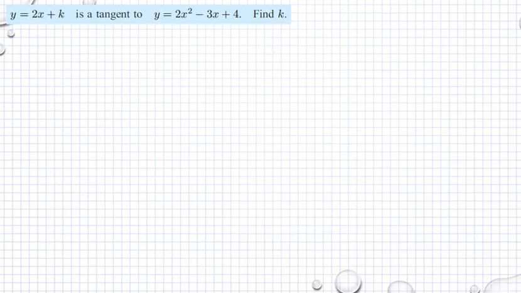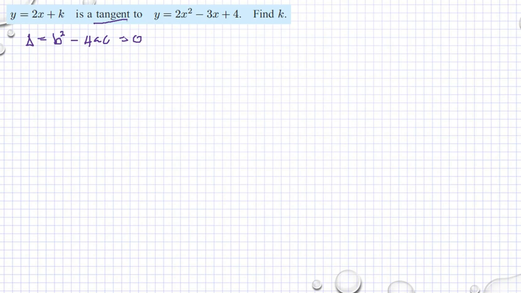Let's try this example. y is equal to 2x plus k is a tangent. That means our discriminant b squared minus 4ac is equal to 0. Remember that. When we have a tangent, we only have one point of intersection.